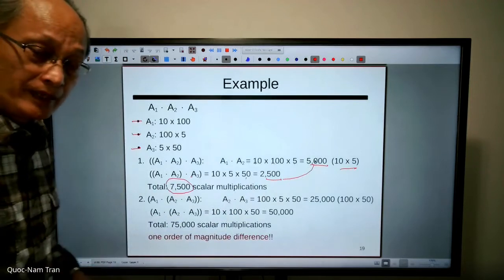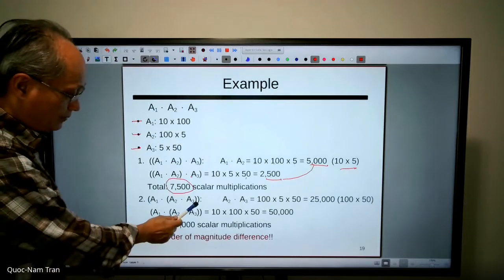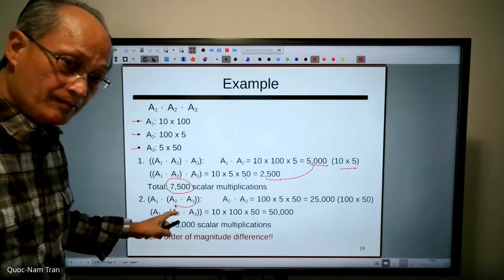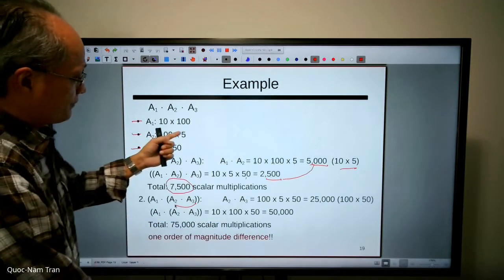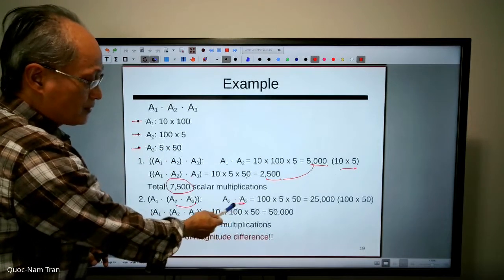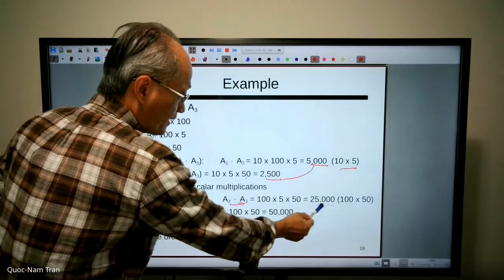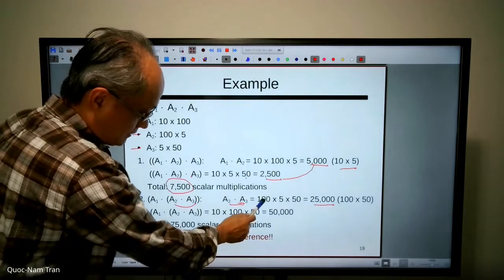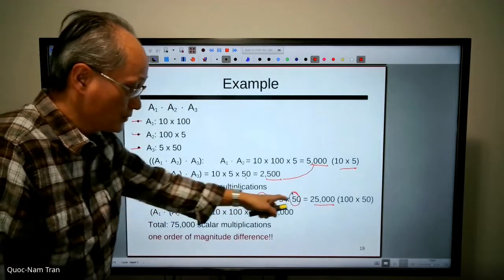Now, if we multiply the matrices in a different way, for example, we multiply A2 and A3 first, the number of element multiplications will be, with A2 being 100 by 5 and then 5 by 50, 100 by 5 by 50, which is 25,000. The result will have 100 rows and 50 columns.